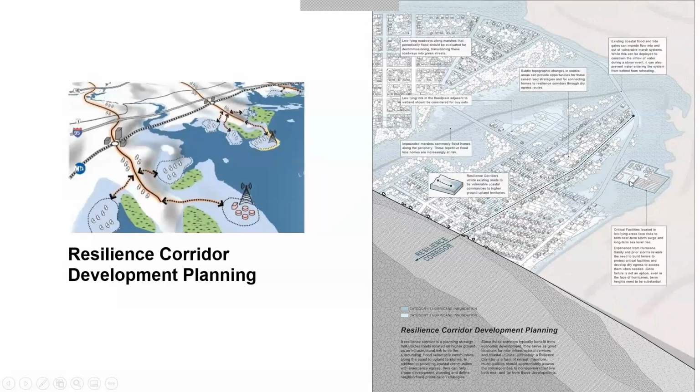Also, given that there's a critical facility and near-term investment going into critical facility armoring and dry egress for the facility, you could see that maybe a first choice might be to build or raise the road along the edge here, since it's the most direct connection.